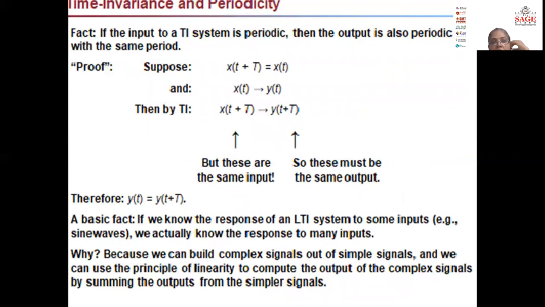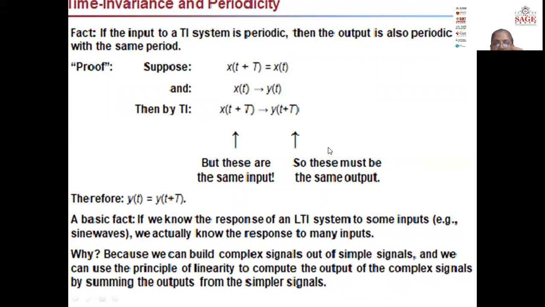These are a few examples which show the time invariance property of the system. Now, when we talk about time invariance, the property which comes along with it is periodicity. We know that a signal is periodic if it repeats after a regular interval of time T. For example, for a continuous time signal x(t), after shifting the signal by the period T, x(t) equals x(t plus T), so we can say that it is a periodic signal.